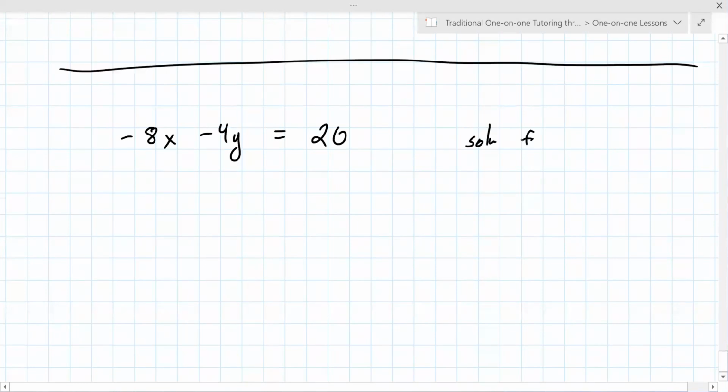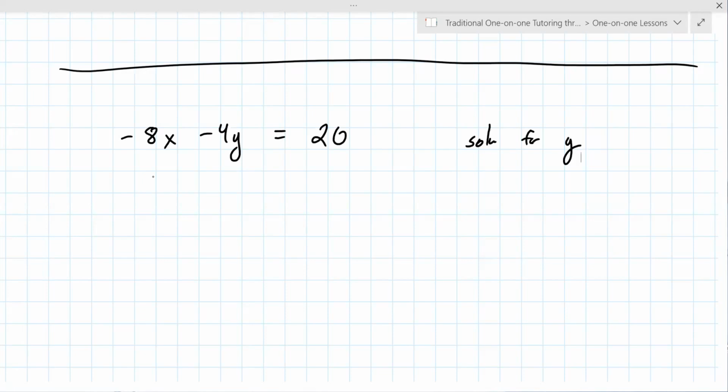Again, solving for y. Okay, I got it. You got it?